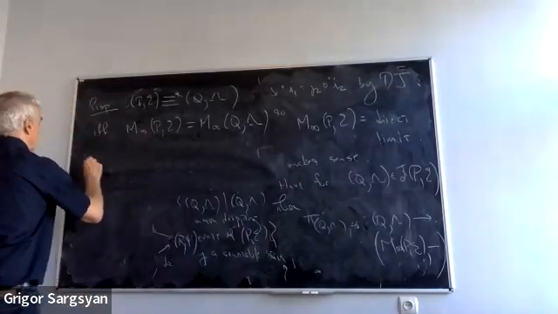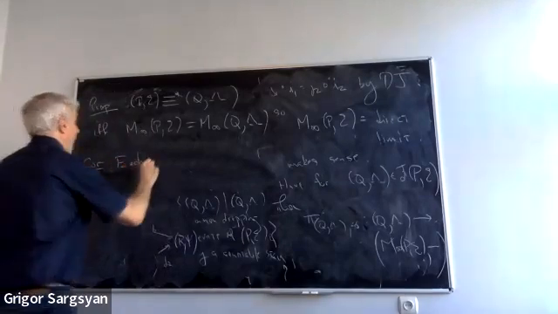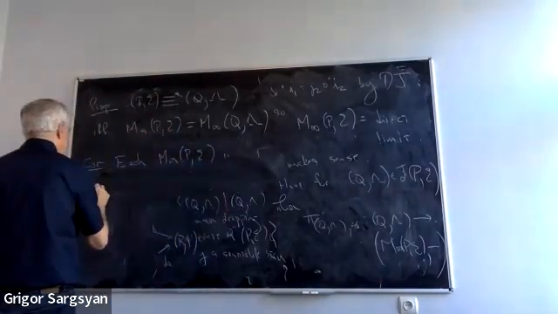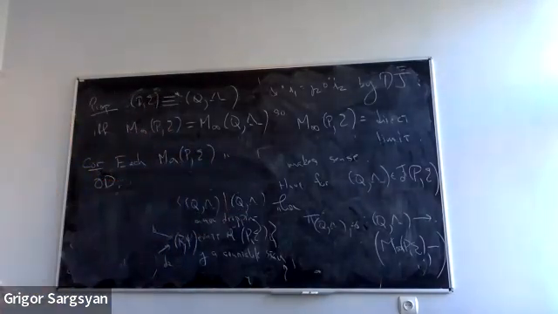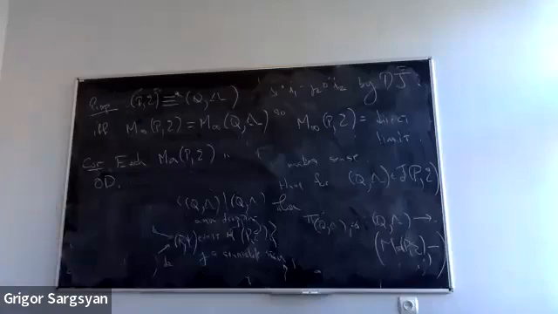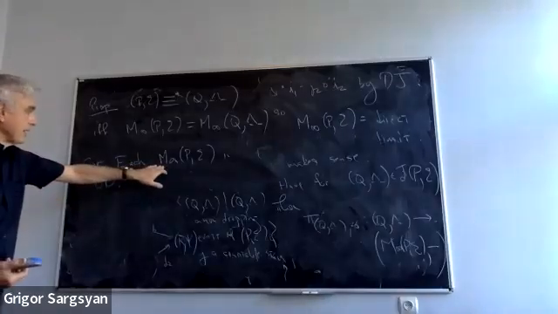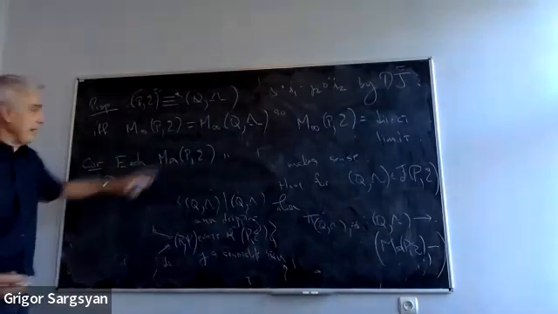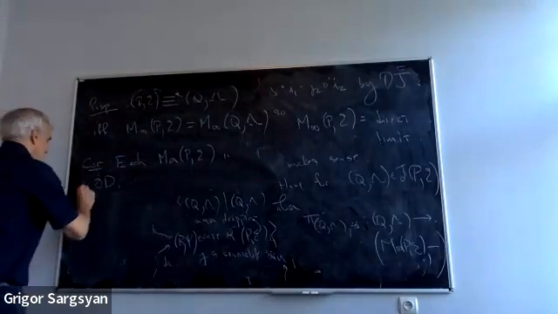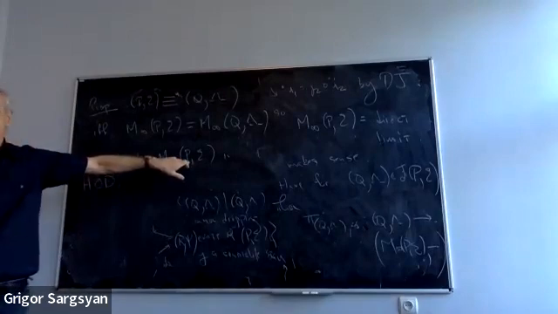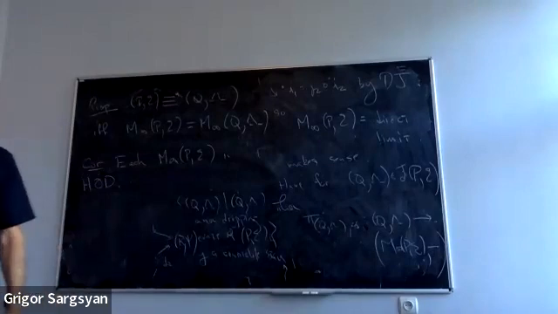Let's see, corollary: each M infinity is ordinal definable. Namely, it's ordinal definable from the place of this thing in the mouse order, which is an ordinal. And not only ordinal definable, it's hereditarily ordinal definable, because P is a well-ordered structure, so it's coded by a set of ordinals.